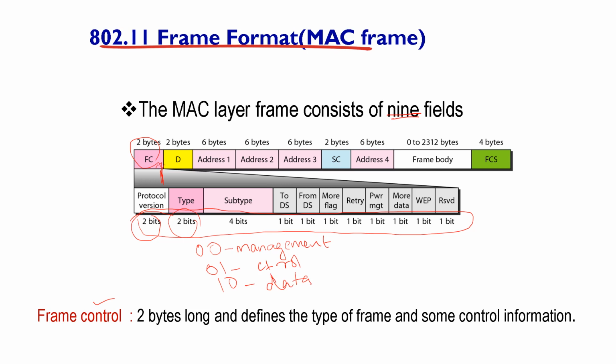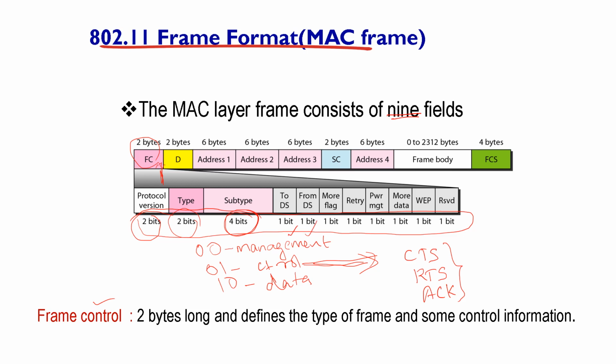Any one of these 3 kinds of frames may be created in the MAC layer, and the subtype represents whether the control frame is a CTS frame, an RTS frame or an acknowledgement frame. These are the types of control frames in Wi-Fi. The bit combinations are shown in the coming slide.